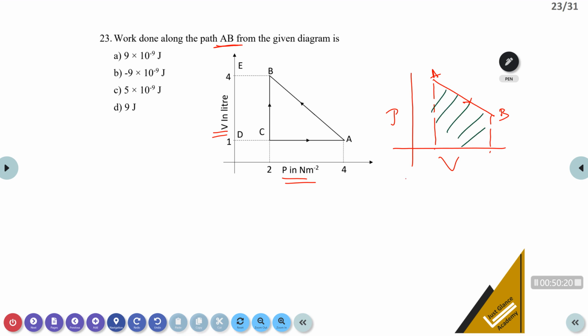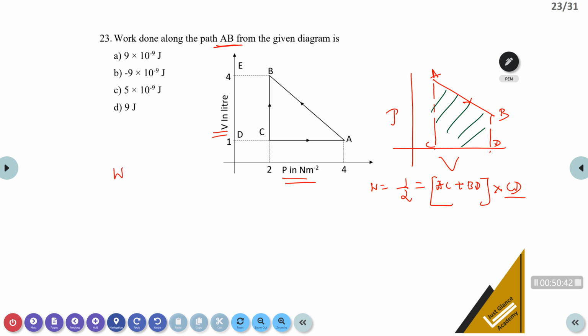What is the area of the trapezium? Work done equals 1 by 2 into the sum of the altitudes into the base. I call this C and this D. So AC plus BD into CD. Purposefully I gave this question here.